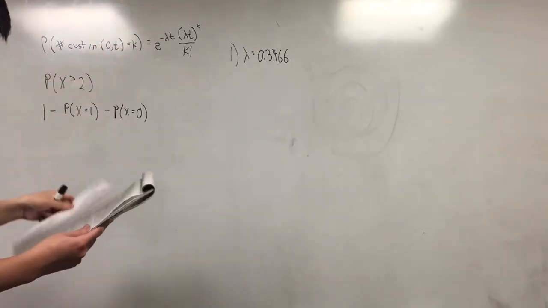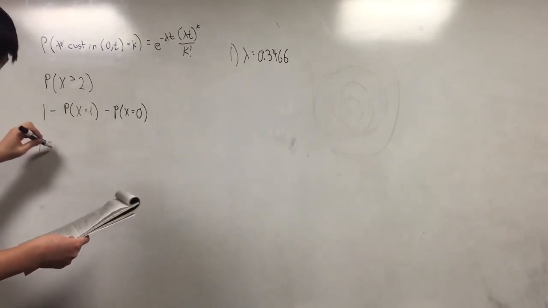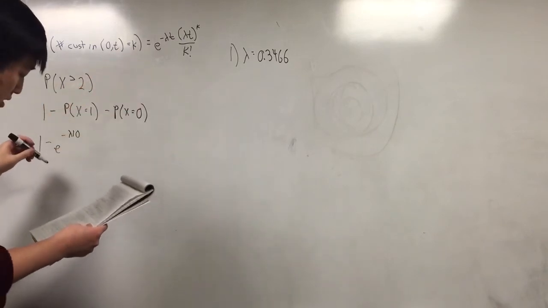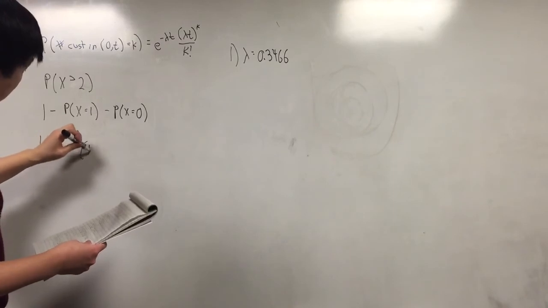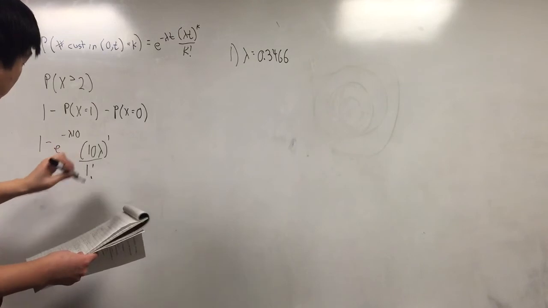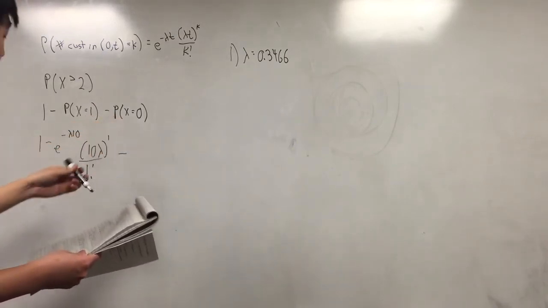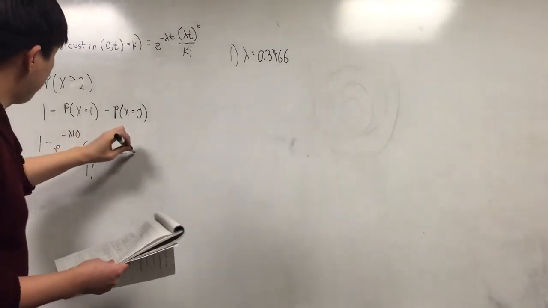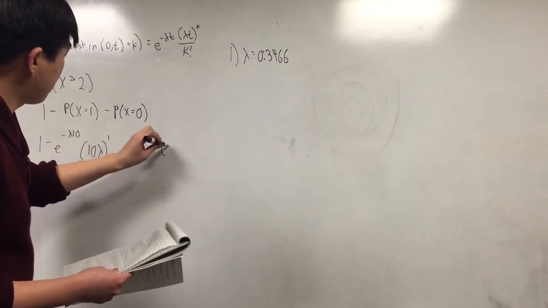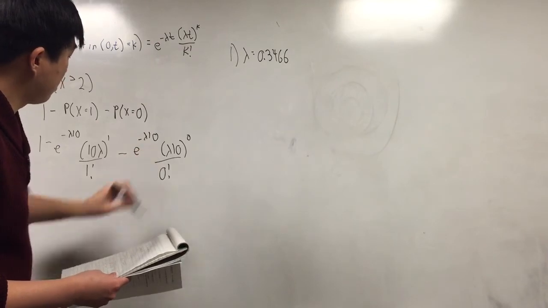So this is equal to 1 minus e to the negative lambda 10, because it's 10 minutes, times the quantity 10 lambda to the 1, because we have 1 customer, divided by 1 factorial, and then minus the probability of x equals 0, which we did before, so it's the probability of 10 lambda to the 0.